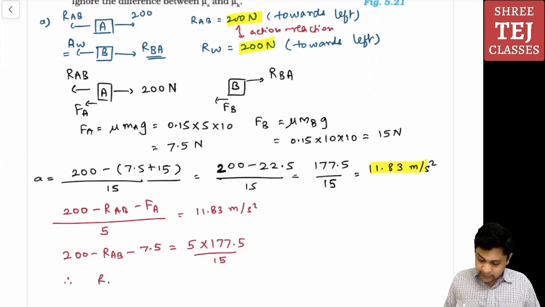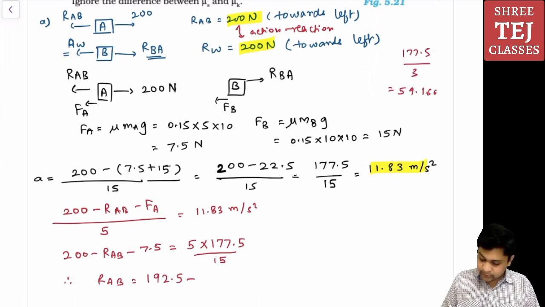Therefore RAB is equal to 192.5 minus 59.167.